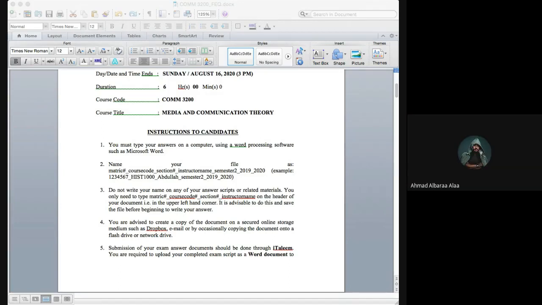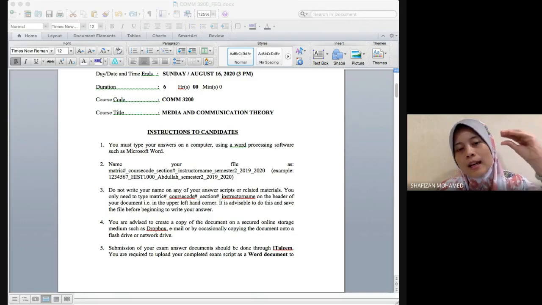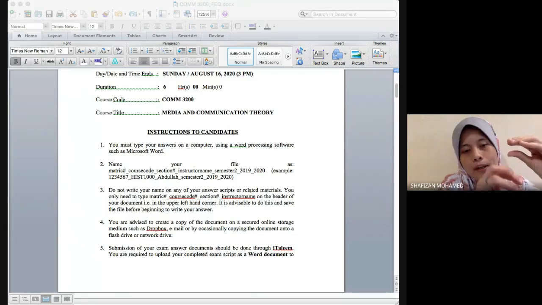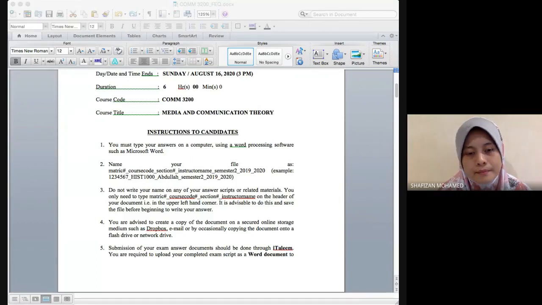As for a model answer, if it's 6 points that you want to discuss, you put it in 6 paragraphs. Each paragraph is your answer, how you define the things, your elaboration and examples. So definition, elaboration, example. Yes. Any other questions?